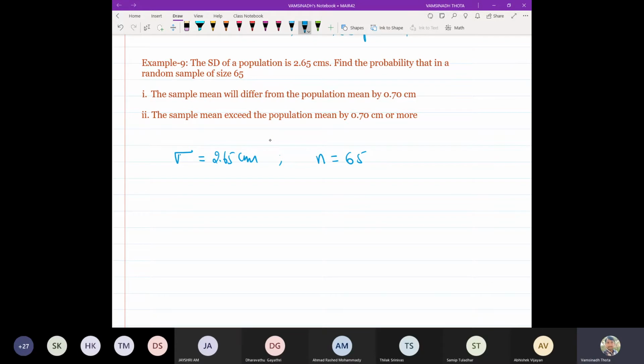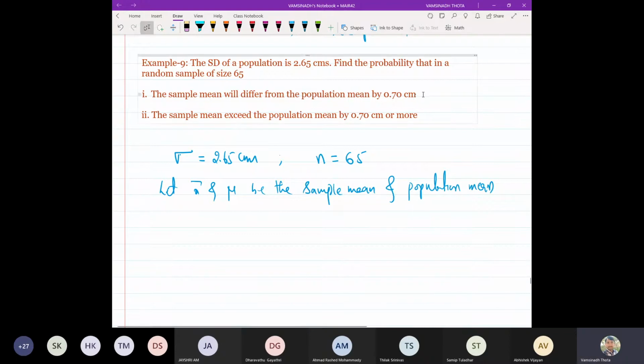Now, what we need to find is the probability that the sample mean will differ from the population mean by 0.70. Assume that x bar and mu are the sample mean and population mean. The sample mean will differ from the population mean by 0.70 or more.